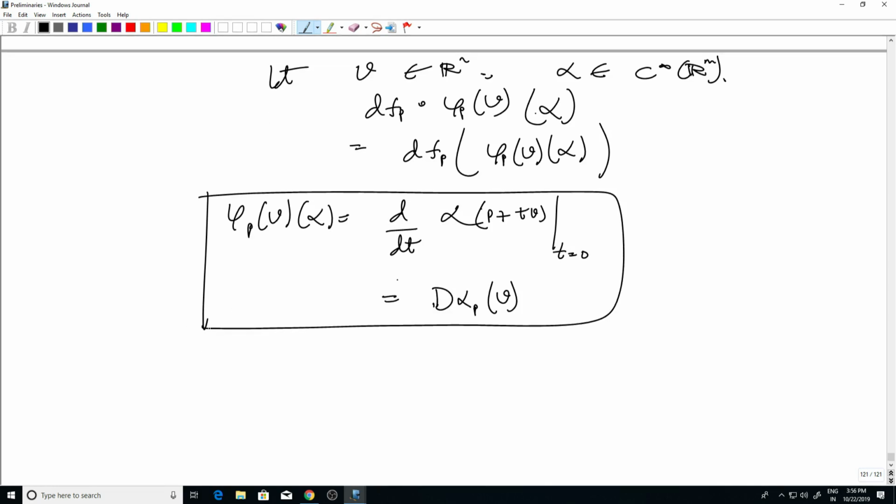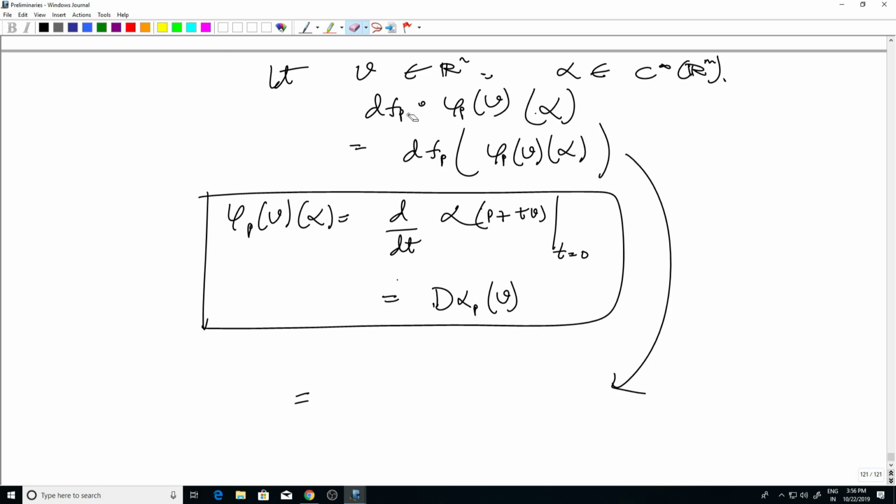But let's go back to what I have here. We know that the differential of a smooth map in the abstract sense is given by this. I think I didn't write it correctly here.